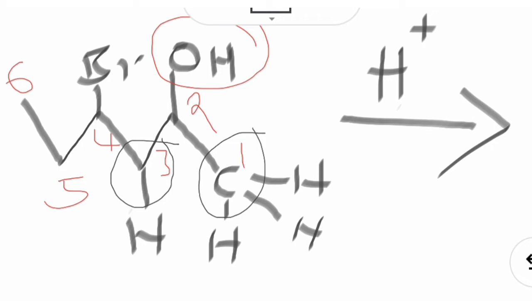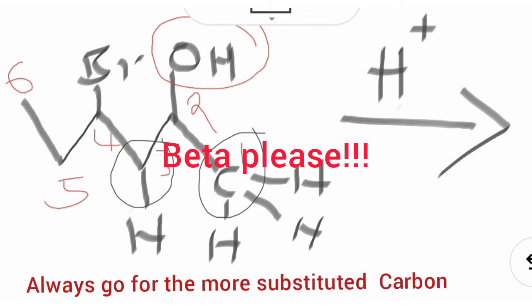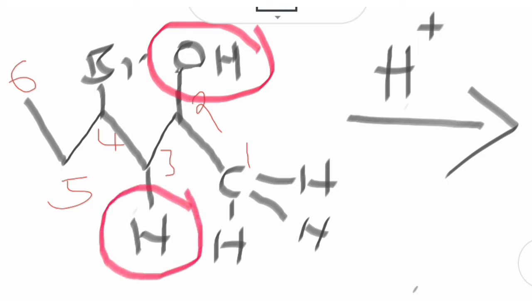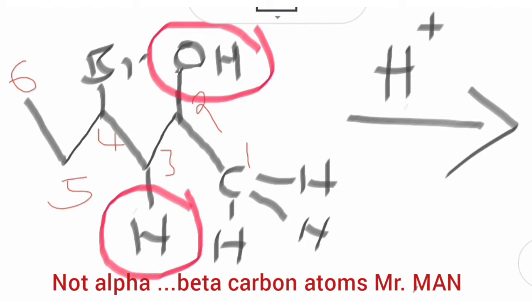Therefore, we are going to go for carbon number 3 as the alpha carbon, where we're going to remove the hydrogen atom. This means that what we're basically going to remove are two things. We're going to remove the hydroxy group, and we're going to remove this particular hydrogen from this alpha carbon atom, and we're going to put a double bond right here.